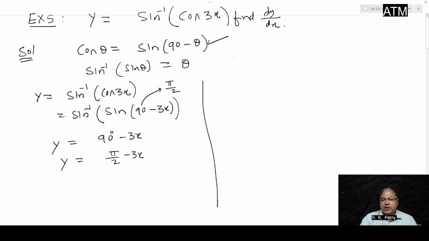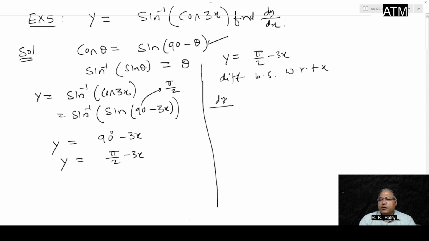Now after that, we have already solved the trigonometry part. Now we have to do the derivative. We simplified the trigonometry part. Now we are going to do derivative. We are having y equals to pi by 2 minus 3x. Now differentiating both sides with respect to x.